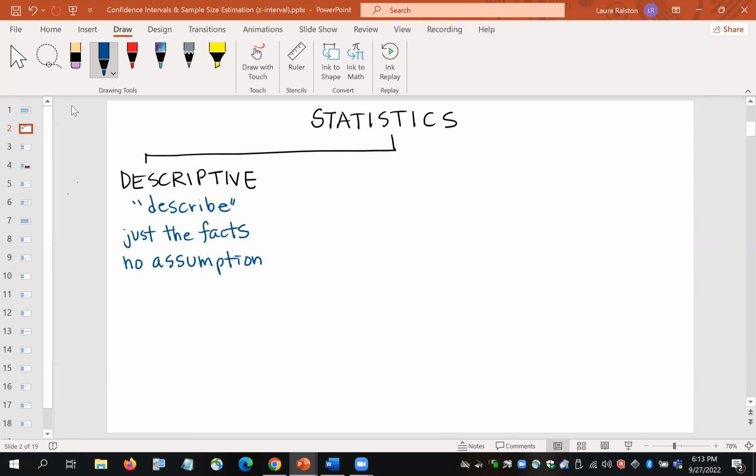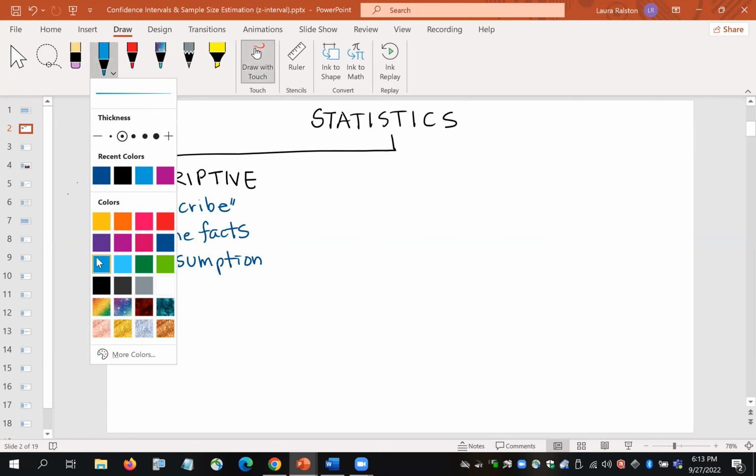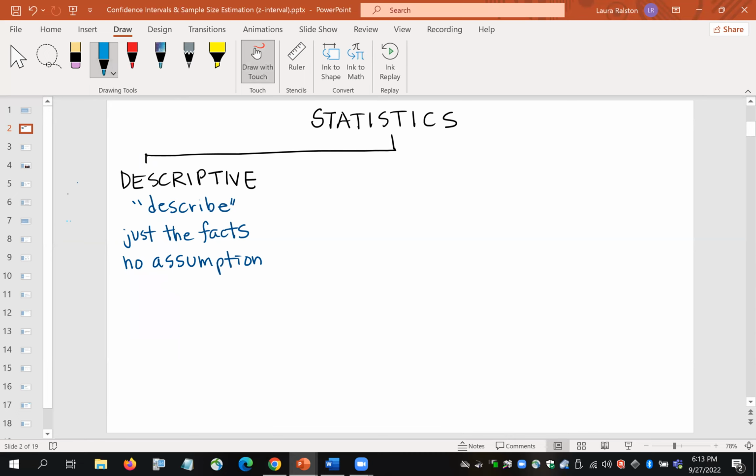We looked at that in the second lesson of Module 1, in the area of statistics called Descriptive Statistics.